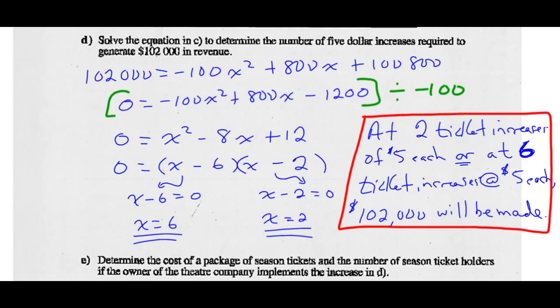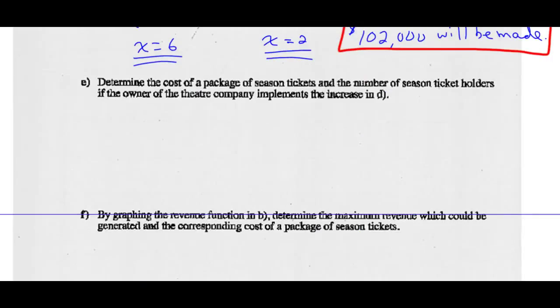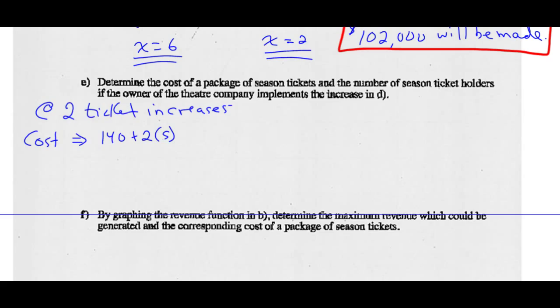Part E says, determine the cost of a package of season tickets and the number of season ticket holders if the owner of the theater company implements the decrease or the increase in Part D. So at 2 ticket increases, the cost for the tickets would be $140 plus 2 times 5, or $150.